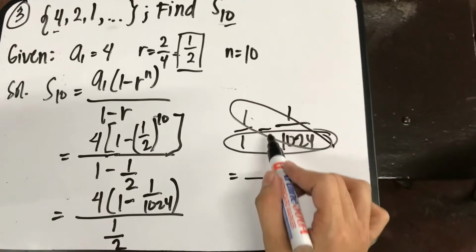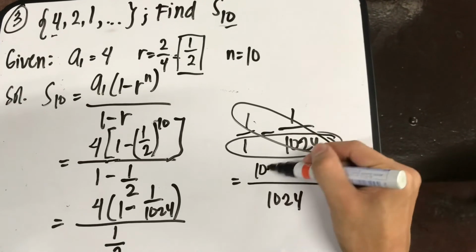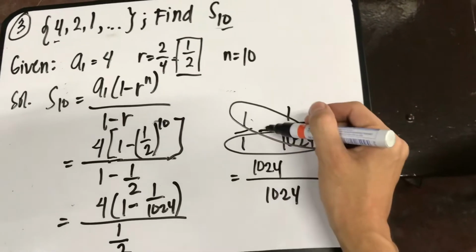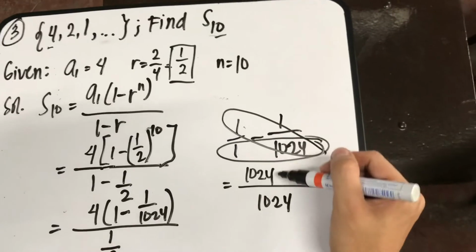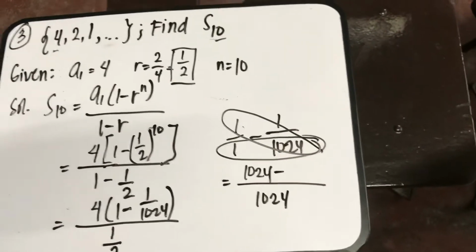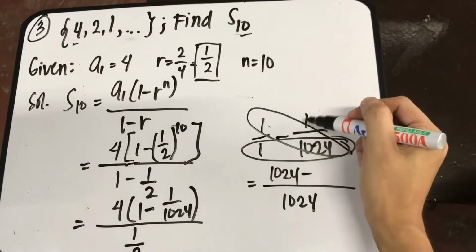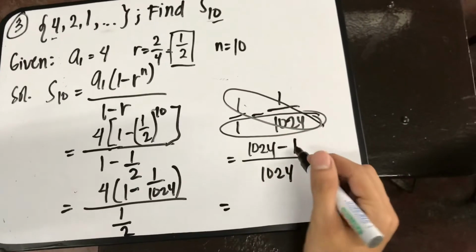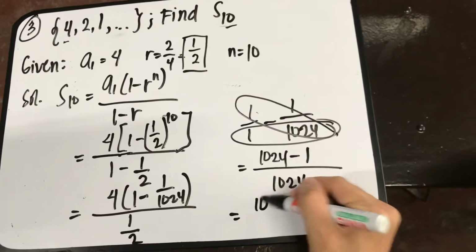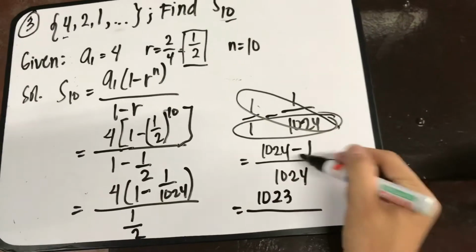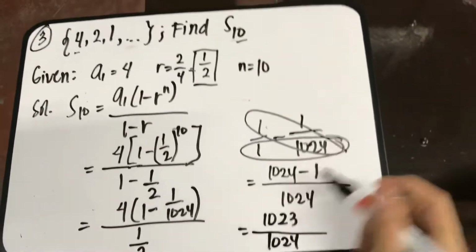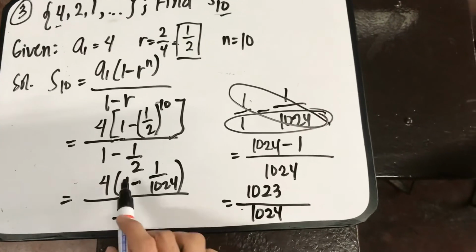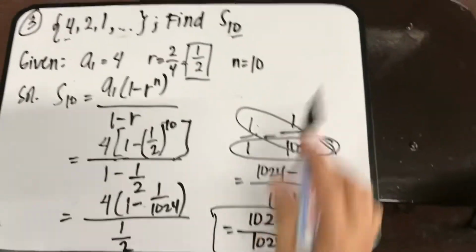And 1 times 1024, that is 1024. And since subtraction yung operation natin dito, minus 1 times 1, that is 1. So, 1024 minus 1, that is 1023 over 1024. So, ibig sabihin yung solution natin dito is this one.